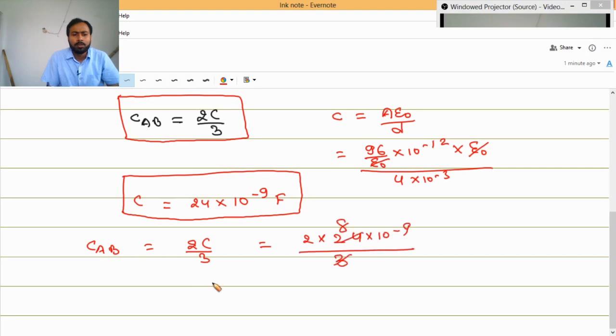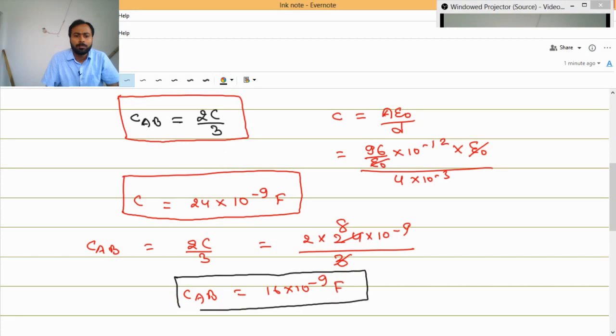So this value is like 8. So C A to B, the equivalent capacitance, will be 16 into 10 to the power minus 9 farad. So in this way we evaluated the value of the equivalent capacitance in between A to B.